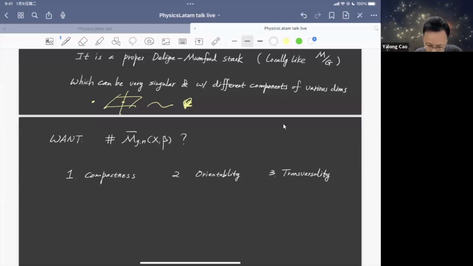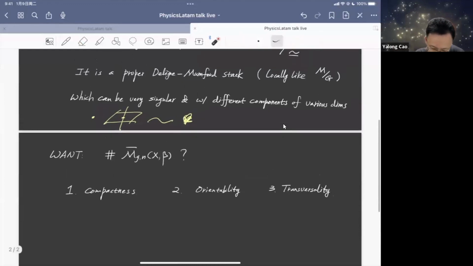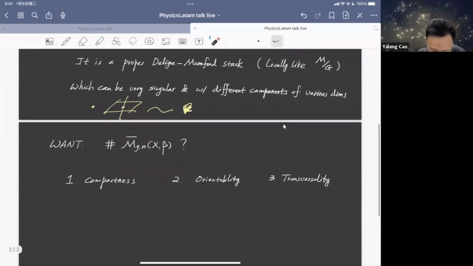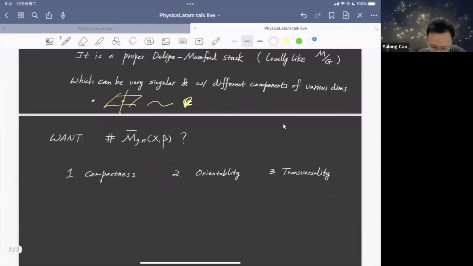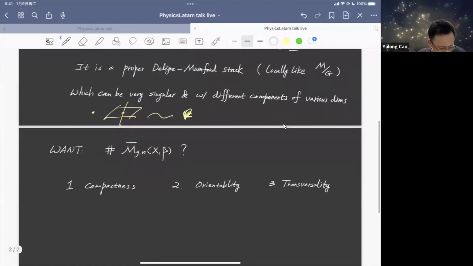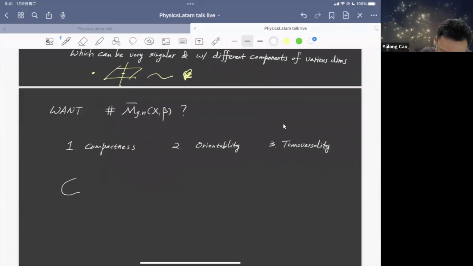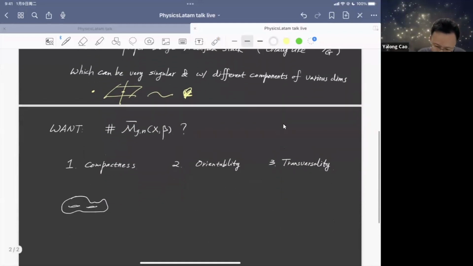So compactness is basically saying that the thing we want to count has to be some compact topological space, which is true in this case because we apparently want to just count curves mapping to X, where the domain curve is a smooth curve, but such maps from a smooth curve do not form a compact moduli space.